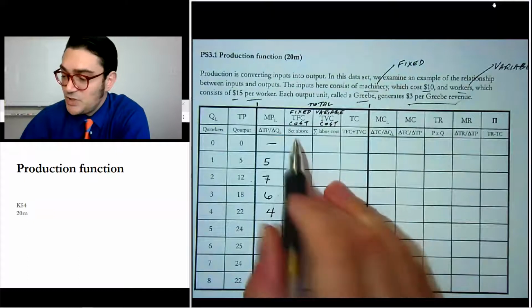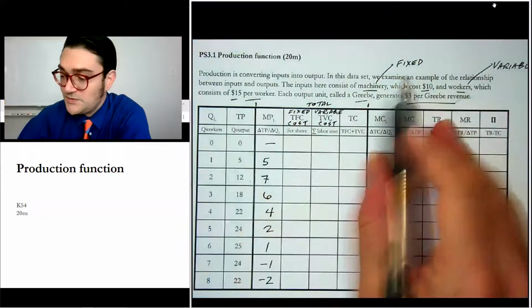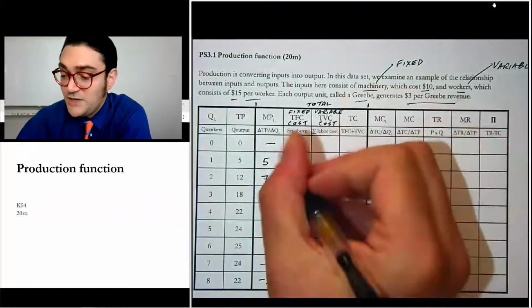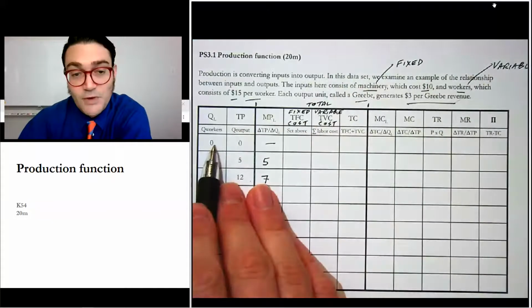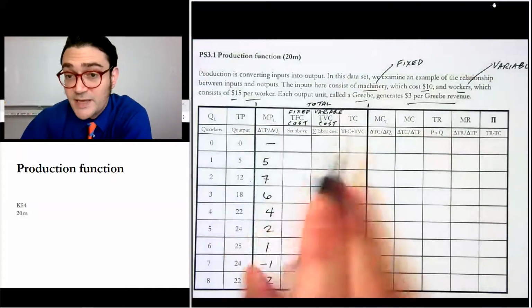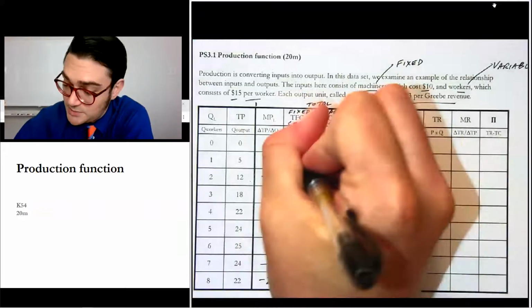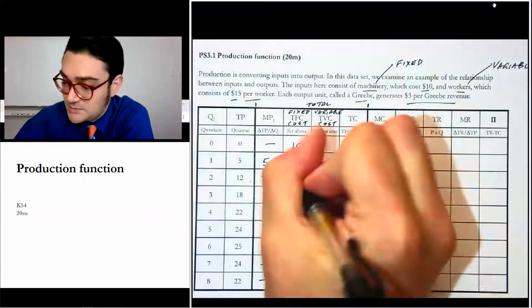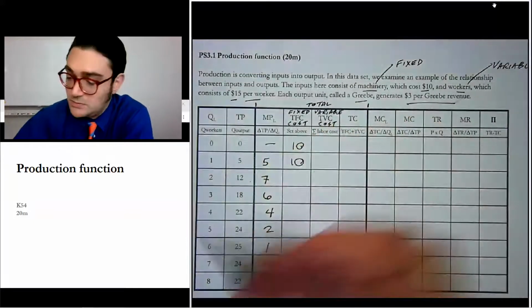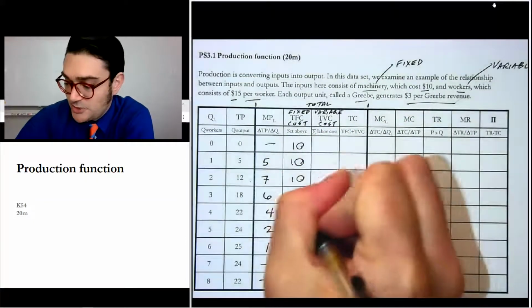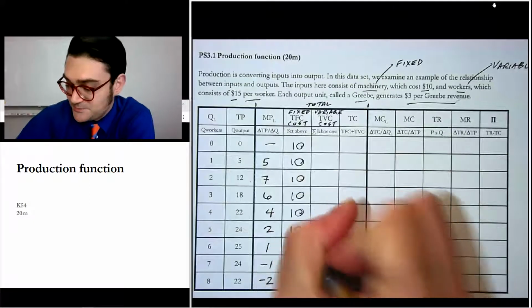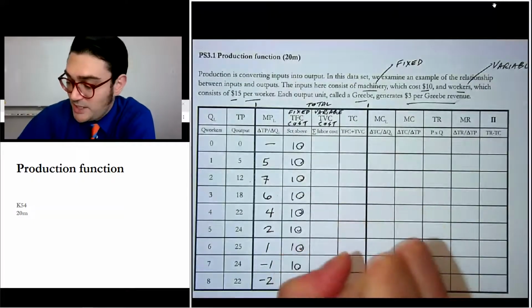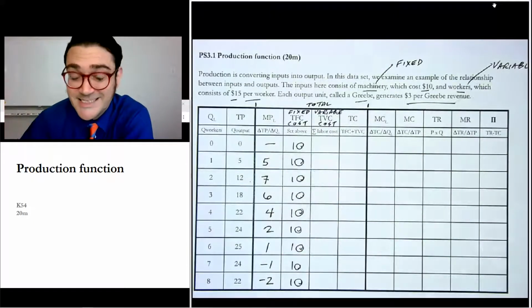So what's the total fixed cost? $10. Even if you aren't producing any, if you don't have any workers, you still have to pay for that machine, which was $10. What if you have one worker? How much does the machine cost? $10. How much if you have two? $10. Notice the word fixed. It means no matter what, it's going to stay the same.